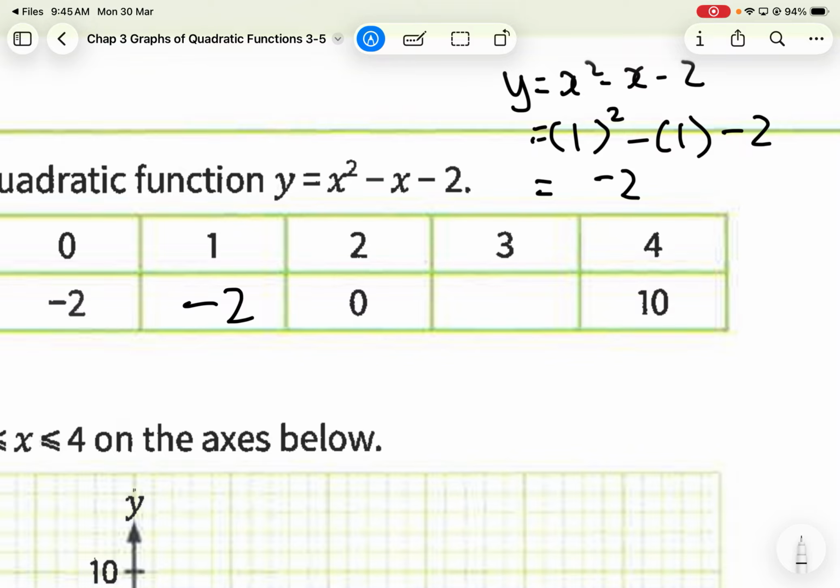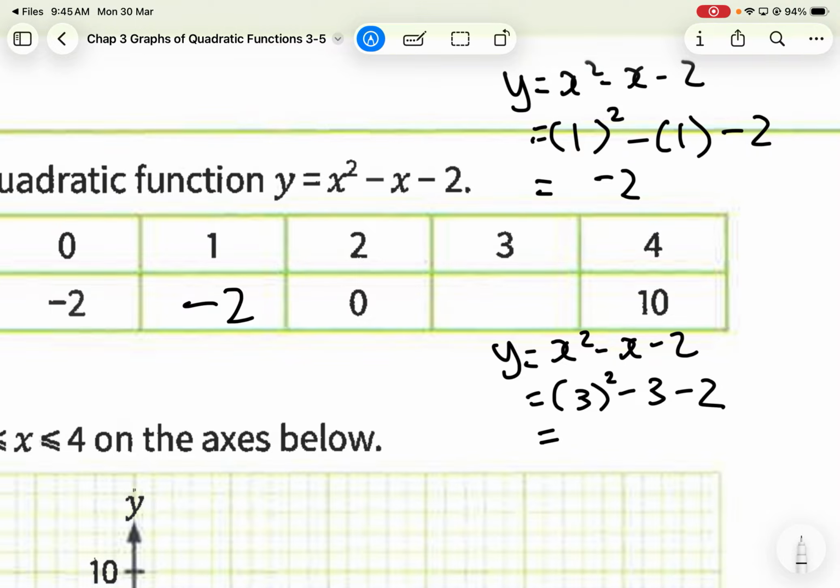I go to my equation and substitute x equals 3. 3 square is 9. 9 minus 3 is 6. 6 minus 2, so 4. Then I can key in 4 into this table.